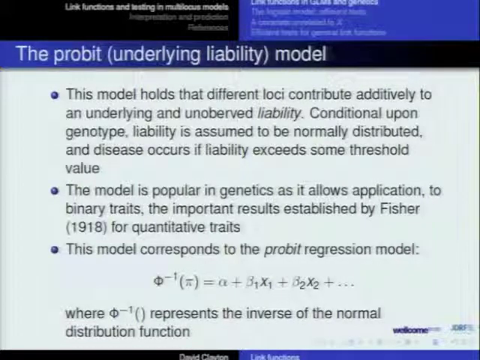this is a model which is widely used in genetics. In the rest of statistics, we just know it as the Probit model, but in genetics, it's the underlying liability model, and you assume that there is some quantitative trait, a latent quantitative trait, normally distributed, which is influenced by a linear model, in the same way as Fisher introduced for quantitative traits in 1912, and that basically gets transformed into a binary outcome on a threshold basis, that if the underlying liability exceeds the threshold, then you get disease.